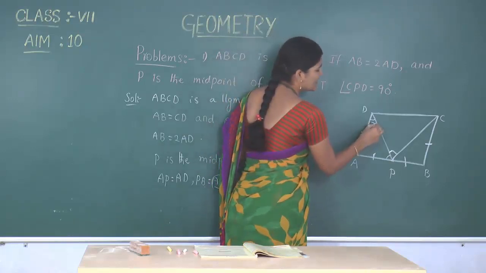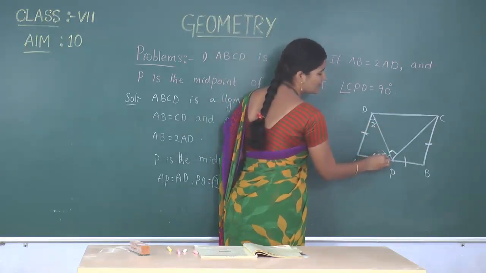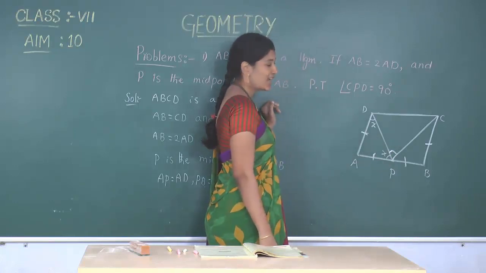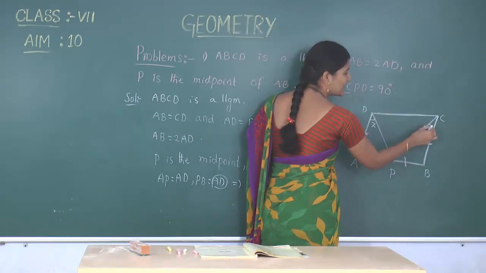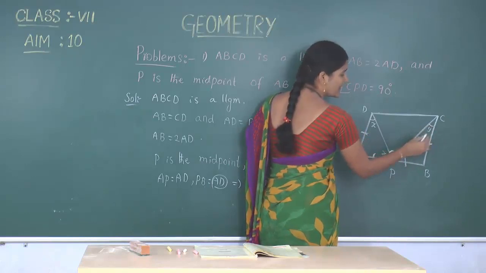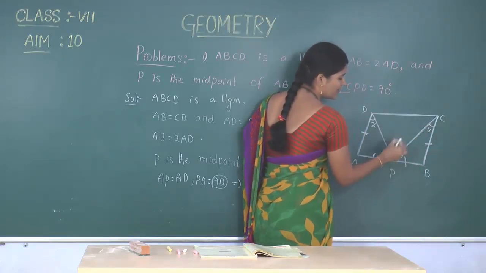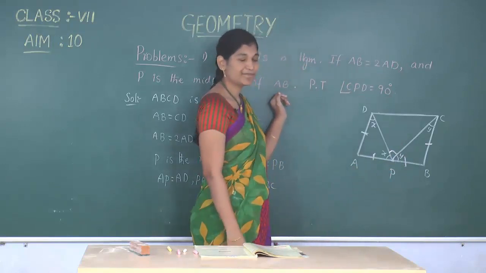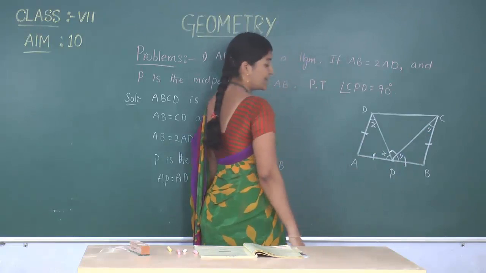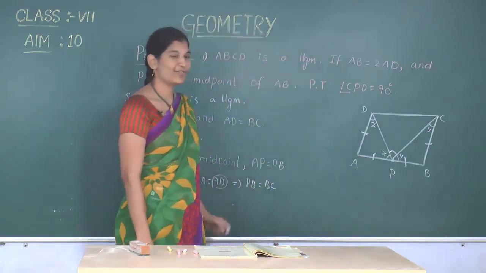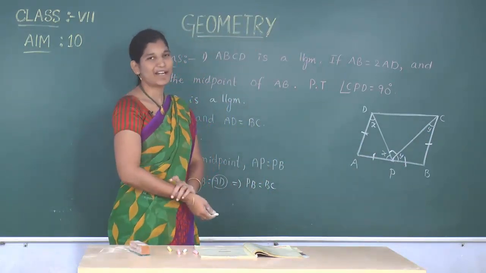Let me say it is X and it is also X, and same property I am applying here also, and here we can say it is Y and here it is also Y, right?